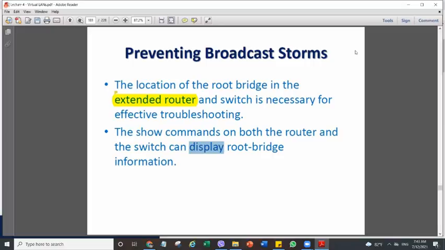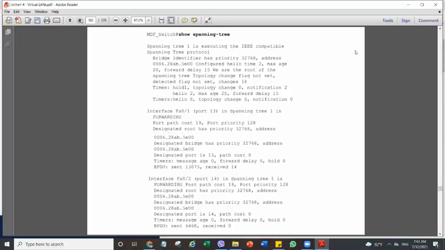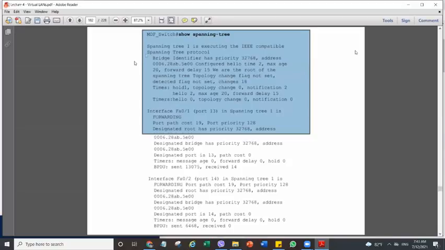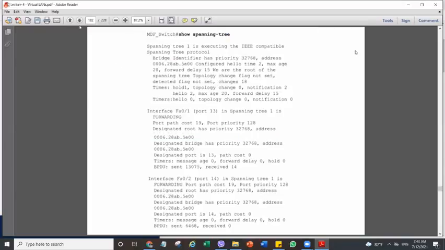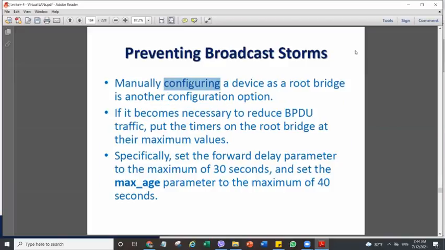Root and designated. What is the command to display this one? Show spanning tree. Show spanning tree describes all the things that we already discussed. So you know how to do the manual configuration. That means setting the priority, actually not fully manual.